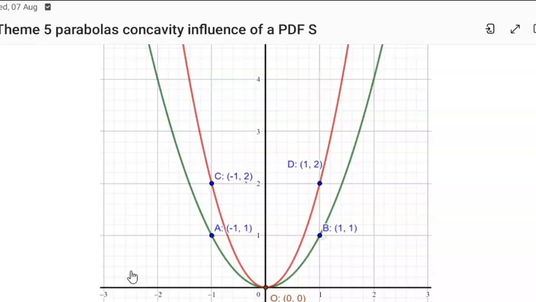And what was at 1, 1 is now at 1, 2. So each value on this green mother graph, if I take a value there, then I can multiply by 2. So if a is larger than 1, then the parabola resulting from that is narrower because it grows faster than the green graph, the mother graph.